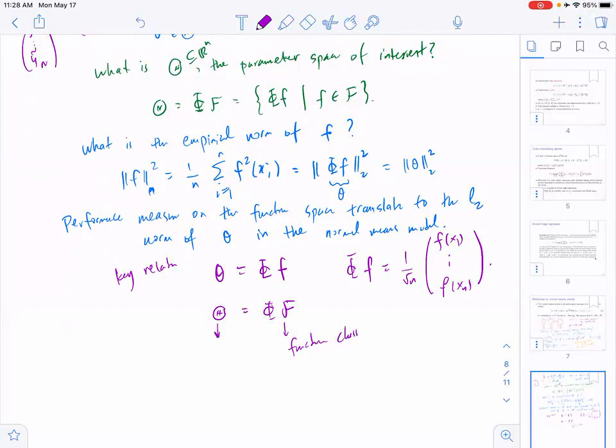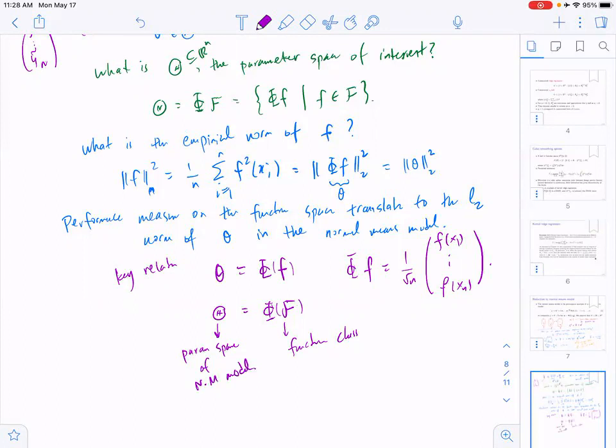This is the parameter space of the normal means model.